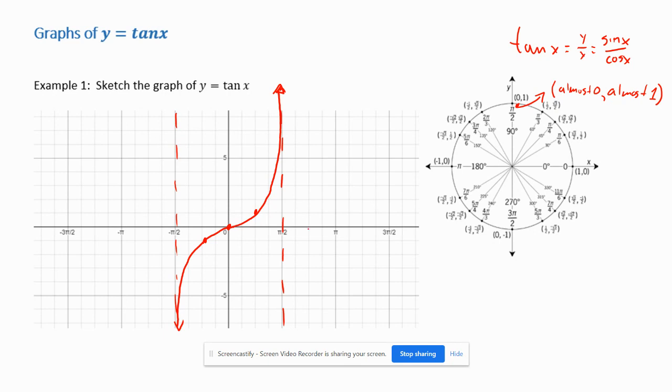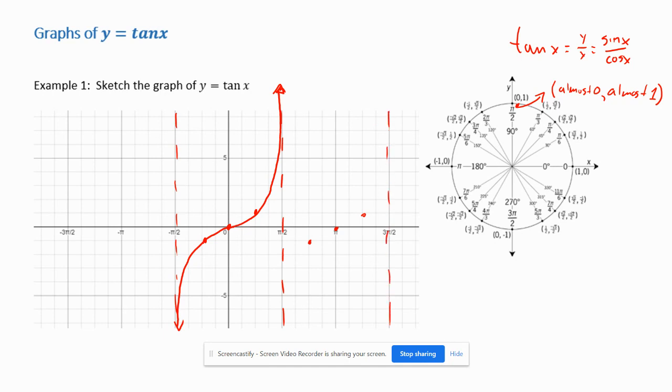If we had 3 pi over 4, so it's right here, we have root 2 over 2 divided by negative root 2 over 2 is negative 1. Pi is 0 divided by negative 1, 0. 5 pi over 4 is negative root 2 over 2 divided by negative root 2 over 2 is positive 1. 3 pi over 2 is negative 1 over 0, so we have an asymptote here.